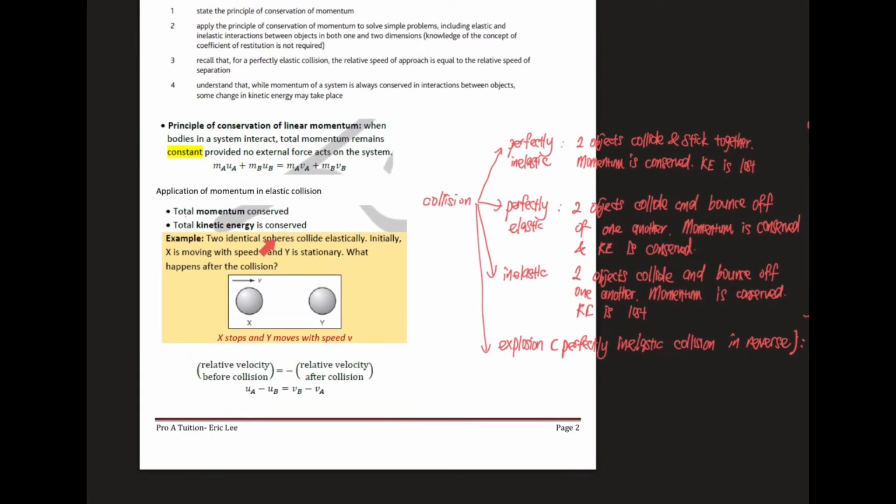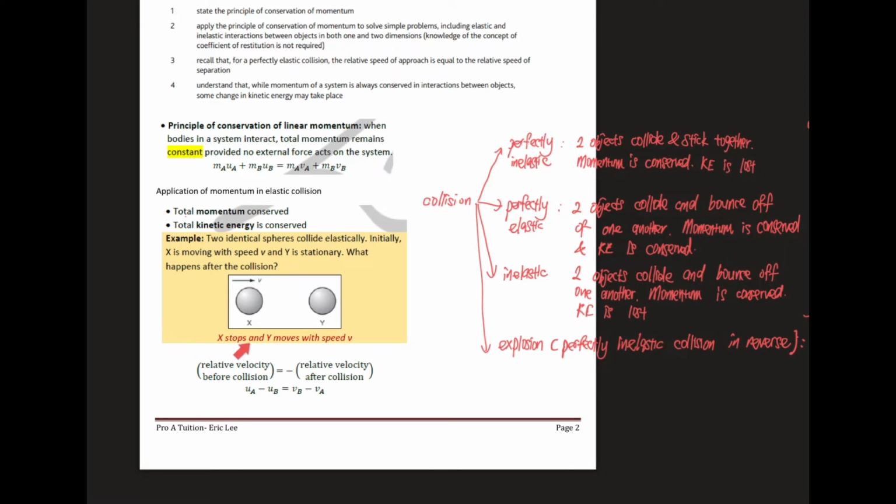Example, two identical spheres collide elastically. Initially, X is moving with speed V and Y is stationary. What happens after the collisions? So when I said collide elastically, that means if you see the four types here, it is under the perfectly elastic actually. So the momentum is conserved, the kinetic energy is conserved also. Okay, so you see the answer here.